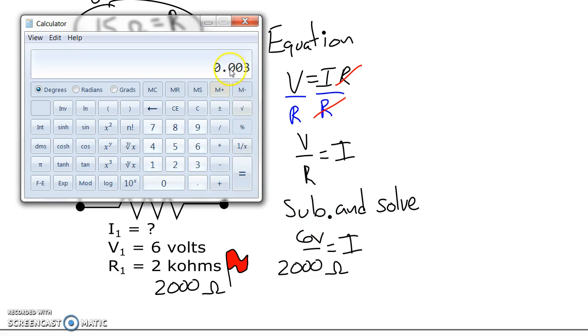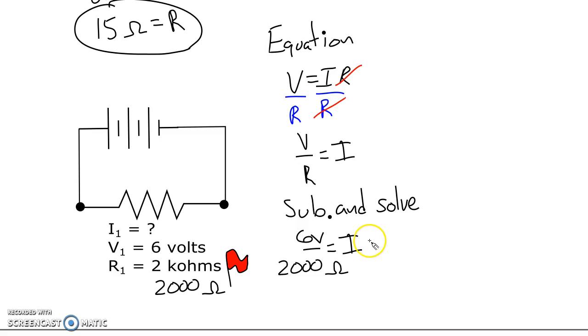We end up with 0.003. Let me write that down. 0.003. And what we're dealing with here is a volt per ohm. This is also a unit of current, but we typically don't call it a volt per ohm. We actually call it the amp.